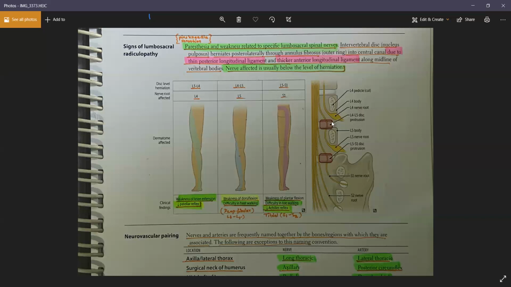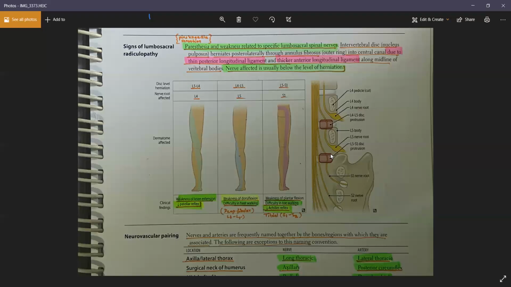Now, whenever a disc is herniated, it will compress or damage the nerve after the disc herniation, which means if the disc between the L4 and L5 gets herniated, in that case the L5 nerve will be affected. Similarly, if the disc between the L5 and the S1 is herniated, then the S1 nerve is affected first. Is that okay up to here?